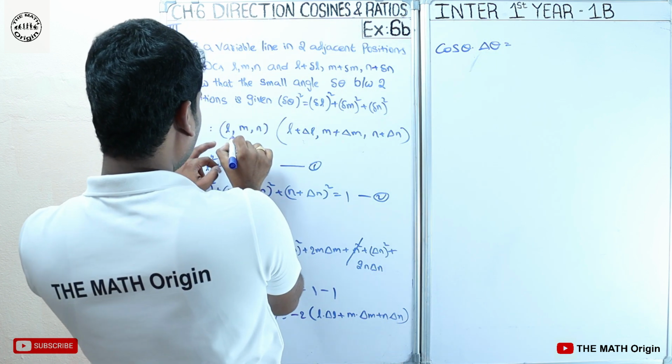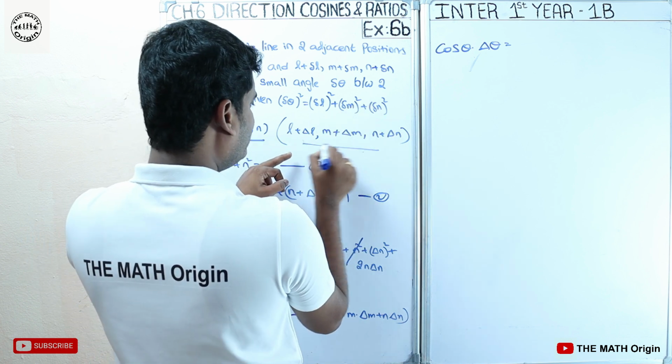So cos theta is termed for this and delta theta is termed for this value.